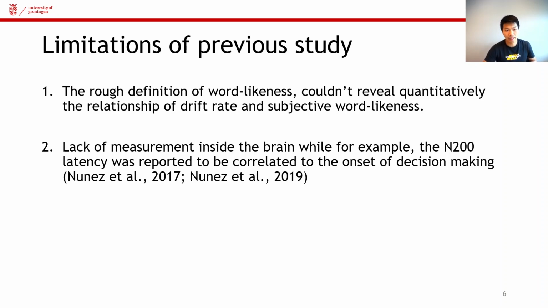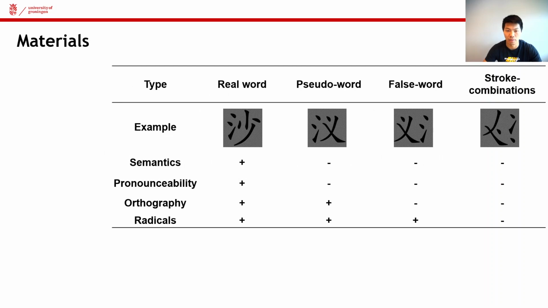Secondly, there is a lack of measurements inside the brain, whereas according to electrophysiological evidence, different cognitive processes can be reflected in different ERP components. For example, the M200 latency was reported to be correlated with the onset of the decision making.